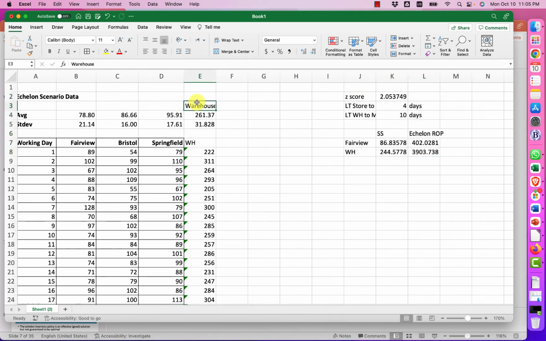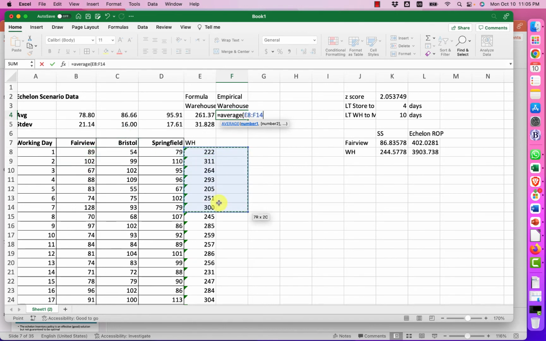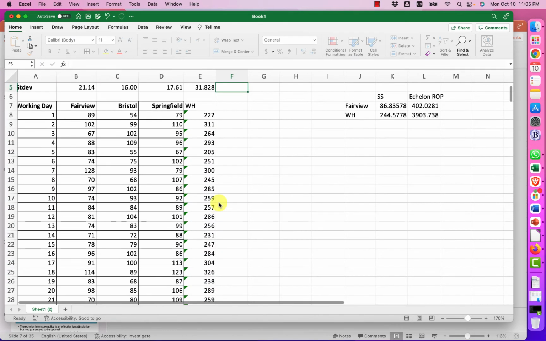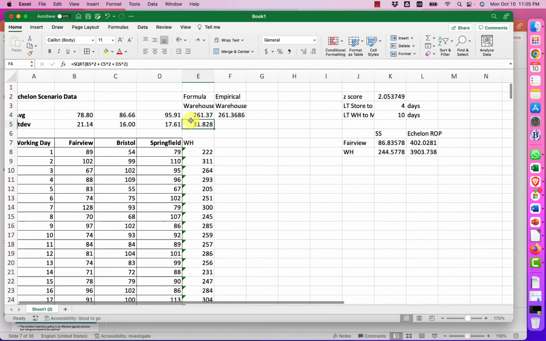Okay, and so this was formula based, and now I'm going to do what I call empirical demand at the warehouse, which is basically based on the actual demand data, not using the formula applying to the data of the stores. So let's look at actual demand the warehouse sees, which is this total. And so you'll notice that the average does not change.